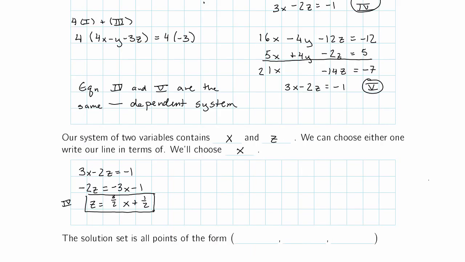I'm going to plug this equation 4 into equation 2. And that'll give me 2x, I want to keep x's, that's fine, plus y minus, now my z is equal to 3/2 x plus 1/2. And according to equation 2, that's all equal to 1.